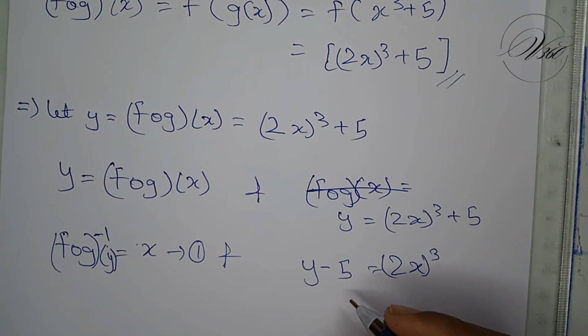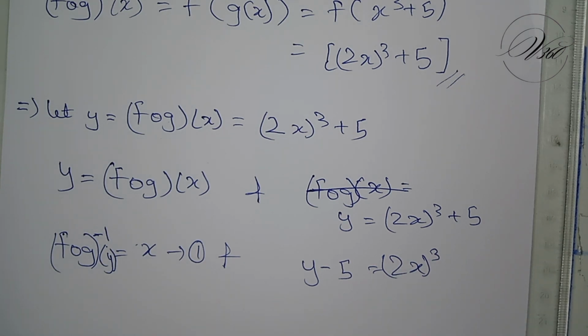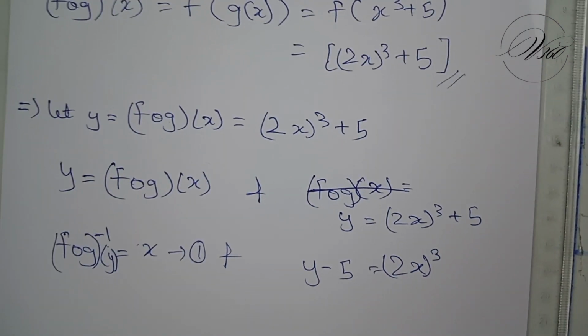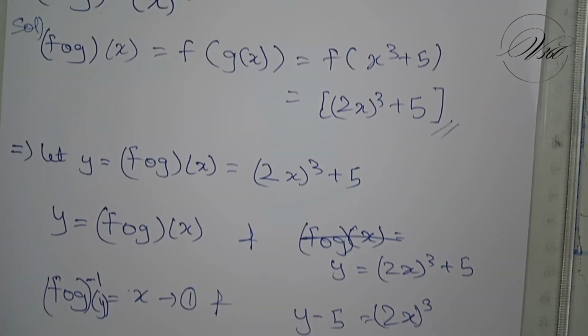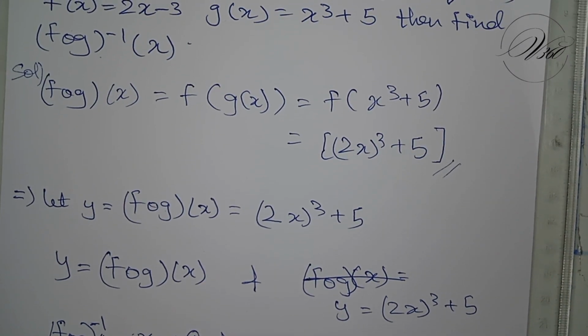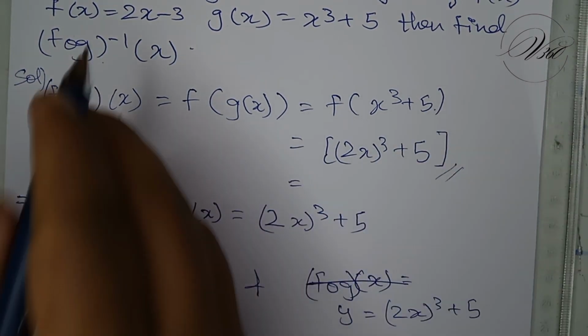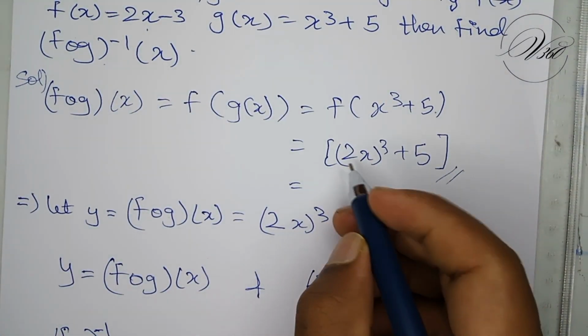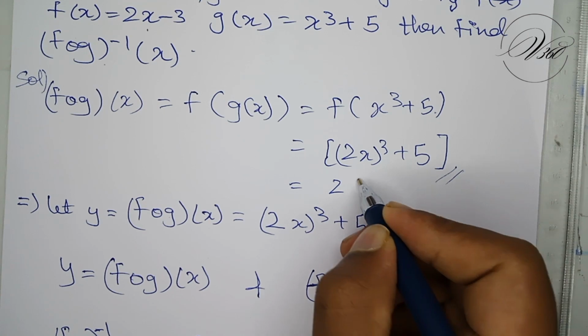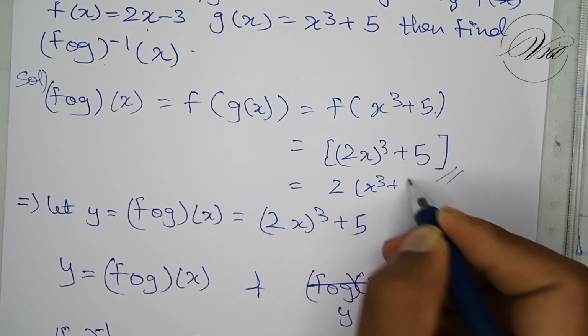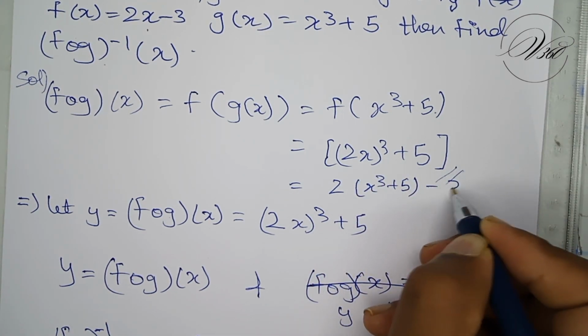I think I did wrong somewhere here. Wait a second. Yeah, I did it wrong here. Here we have to write x cube plus 5 instead of x here, no? So here we should write 2 into x cube plus 5 minus 3.